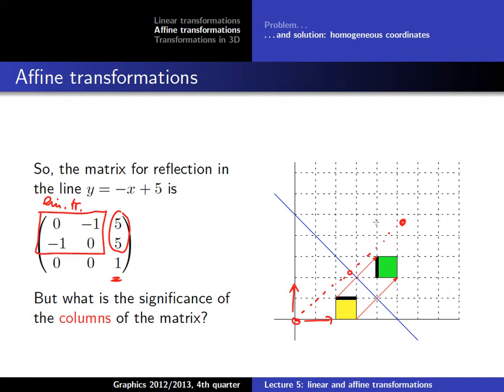It's badly drawn here, but that should be the same value here, 5, 5. It also kind of makes sense if you think about it. If you take the original origin and apply the affine transformation to it, of course you end up at this point here, which means that these 2 points here must be the image of the origin.